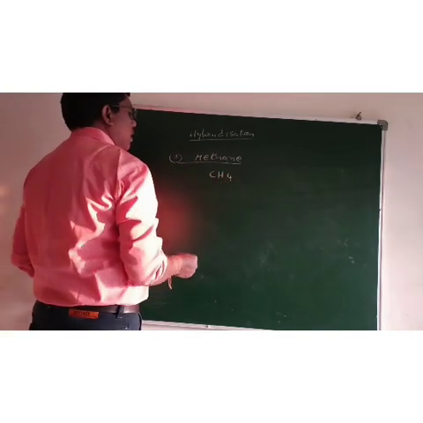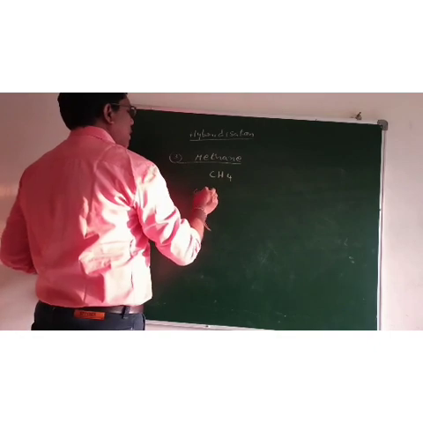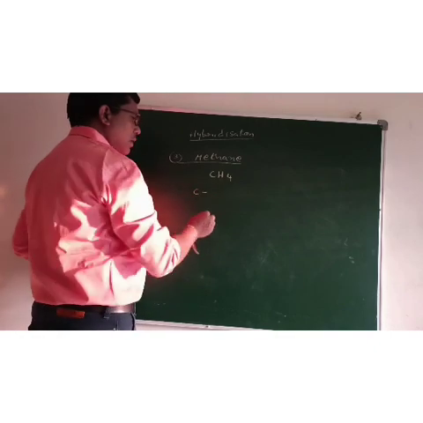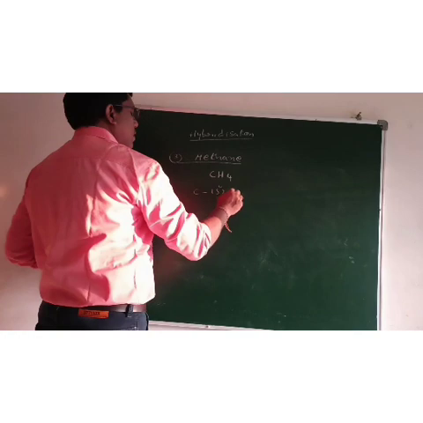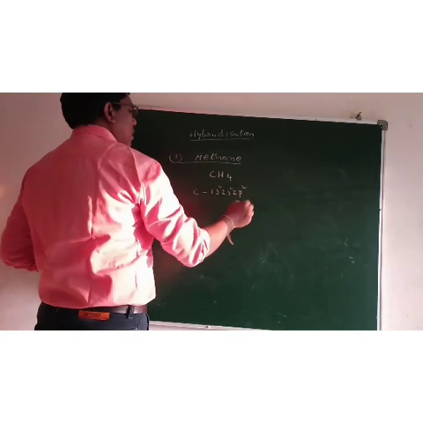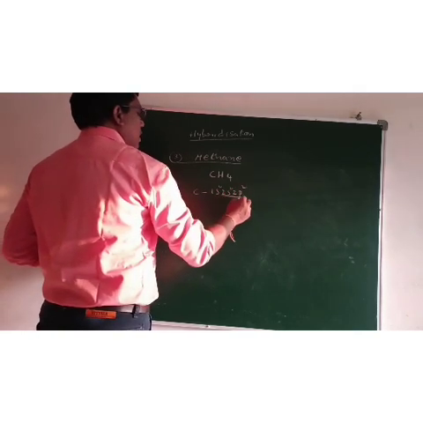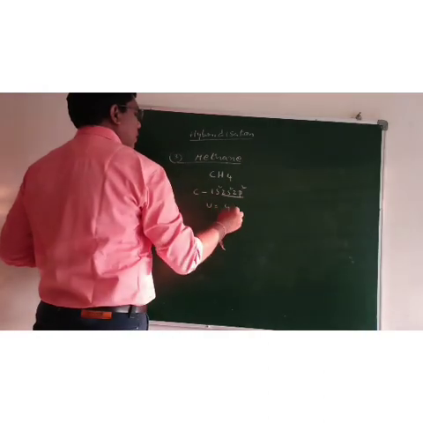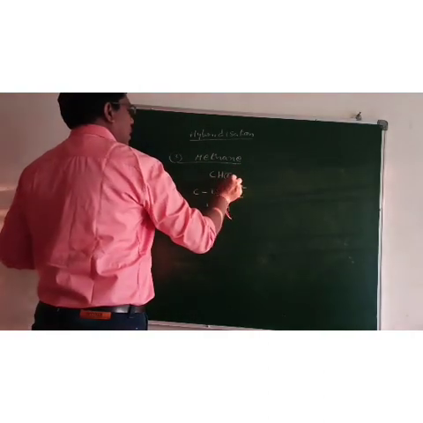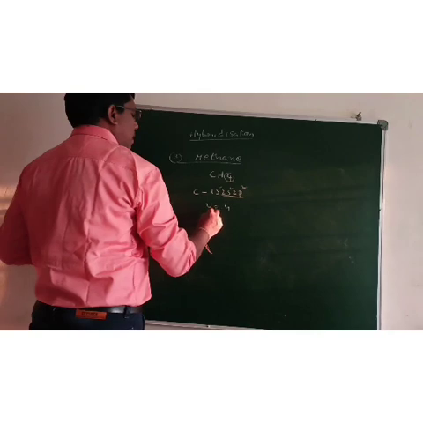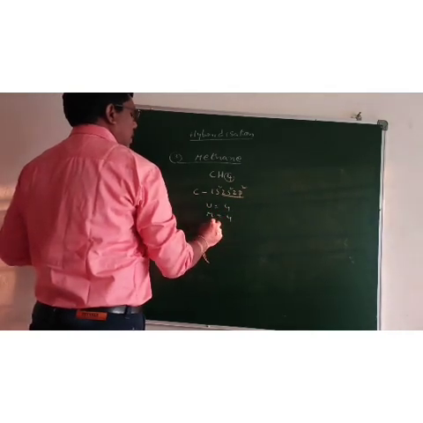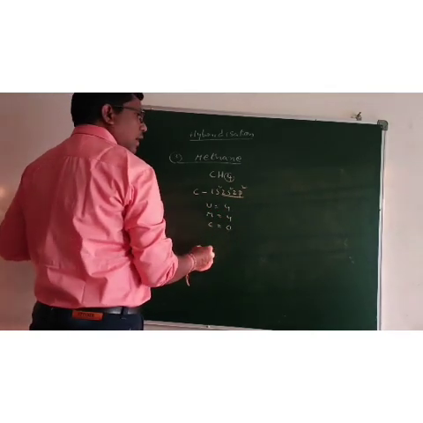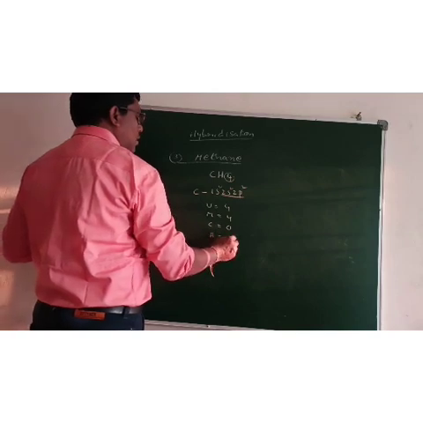Now we write the electronic configuration of the central atom carbon to know the valence electrons: 1s2, 2s2, 2p2. So the number of valence electrons is 4. And here the number of monovalent radicals attached to the central atom is also 4. It is a neutral molecule, so charge of cation 0, charge of anion 0.